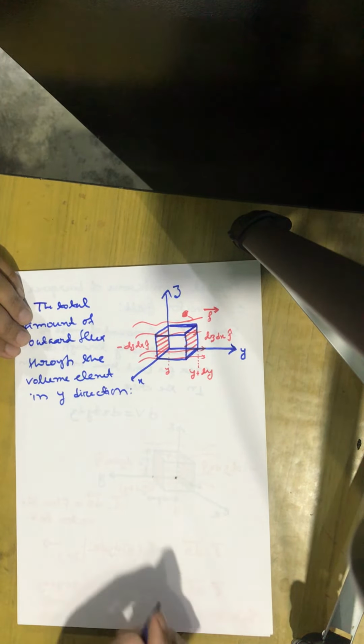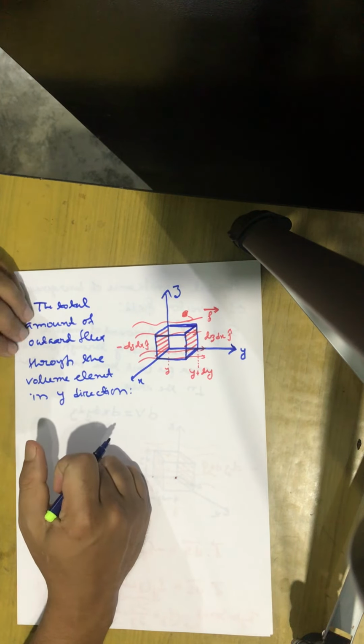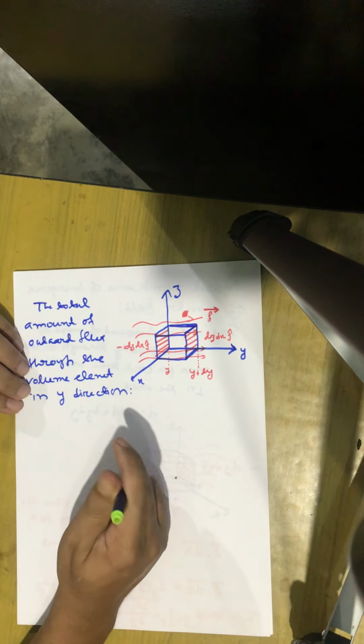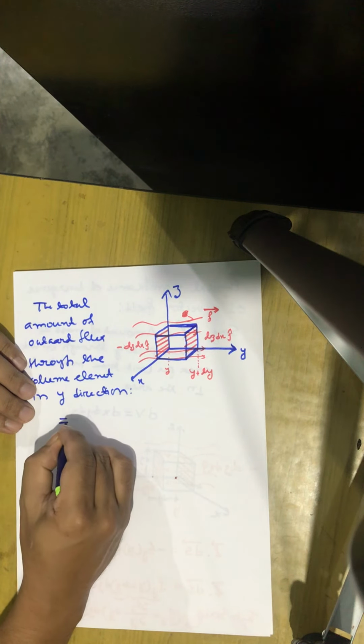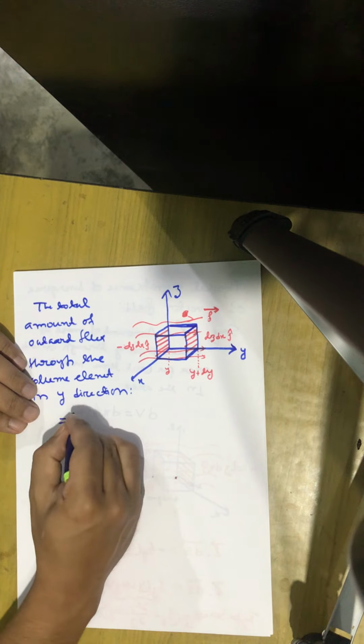What will be its value? As I have already told, we adopt expression 1 as expression 2, and if we adopt these two expressions, then this value will be equal to how much?